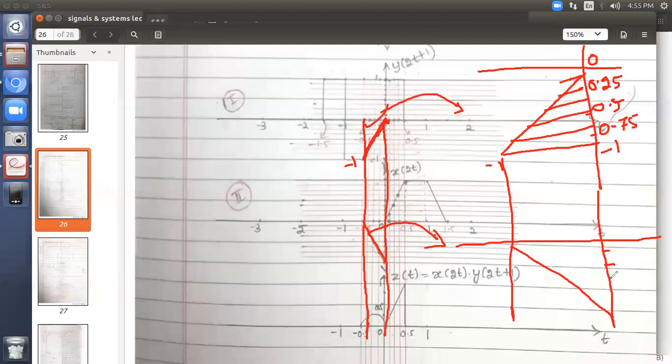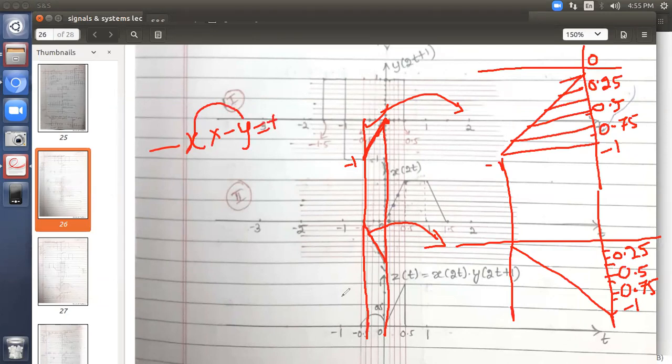Again, let me divide it into many parts. For my ease, I will take 0.25, 0.5, 0.75 and 1. All are negative again. Both are negative amplitudes. So if you multiply a negative value with another negative value, you will get a positive sign.